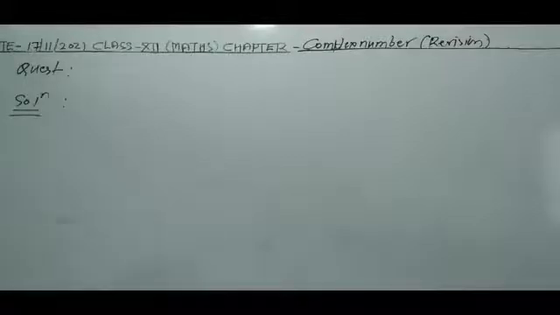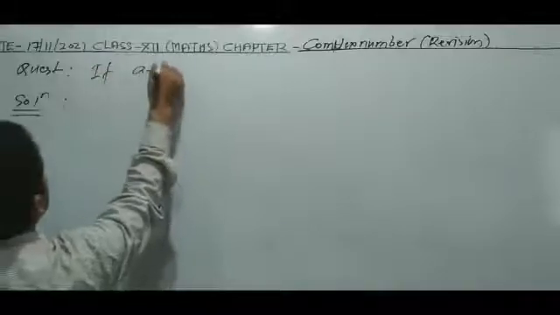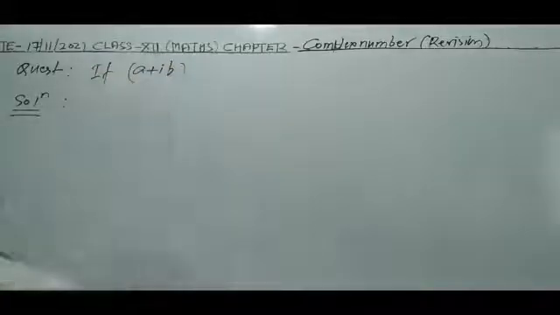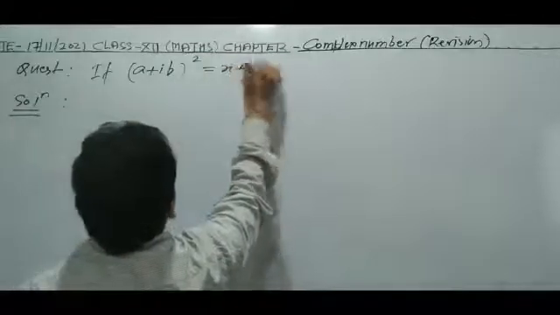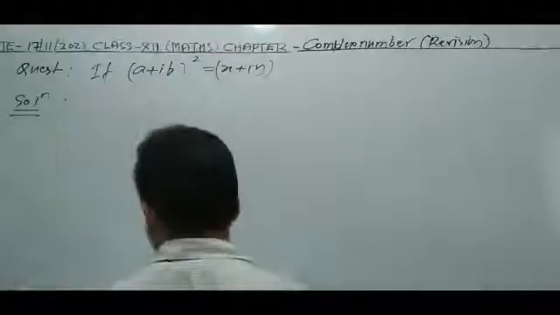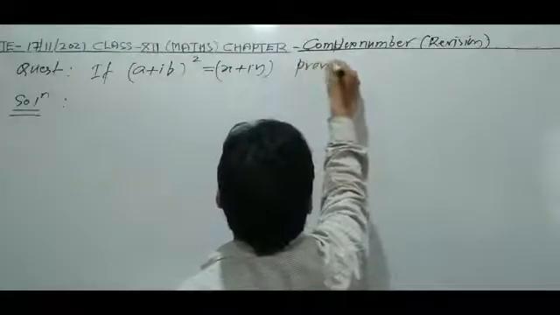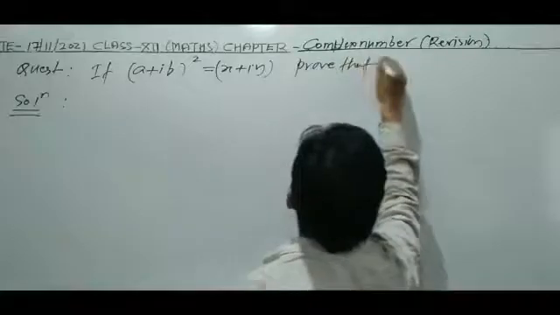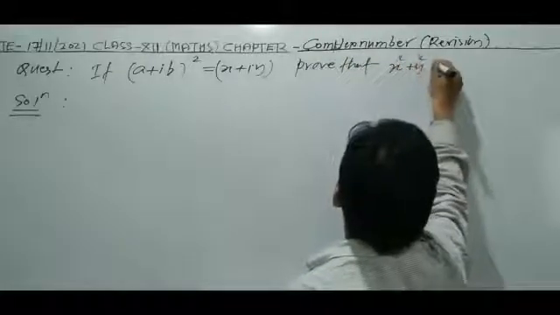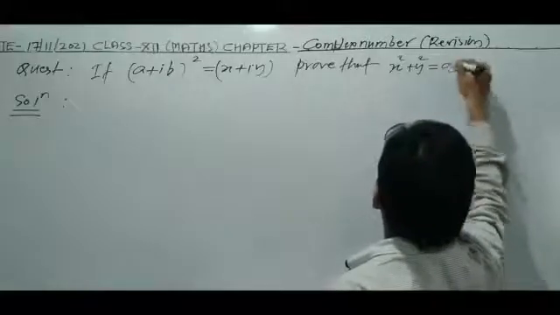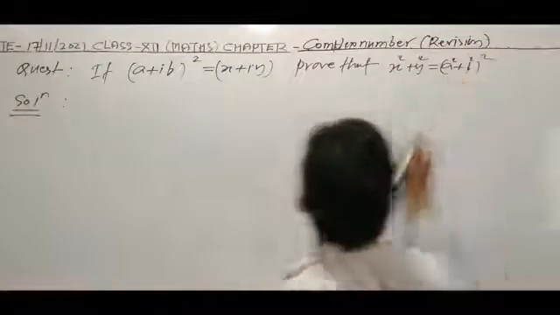If a plus ib whole square is equal to x plus iy, then prove that x square plus y square is equal to a square plus b square whole square.